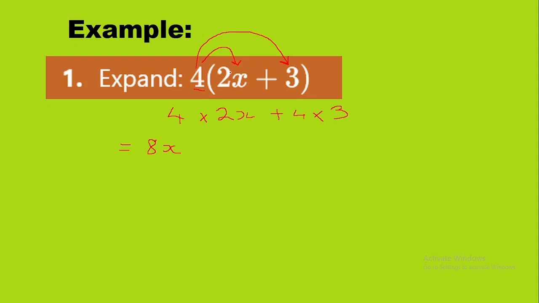So 4 times 2x is 8x, plus 4 times 3, which is just 12. And there you go, that's the answer for the first question. I'll just mark that.